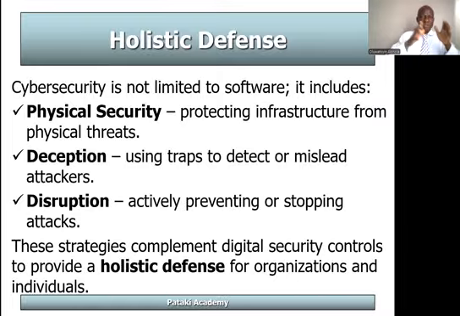It includes deception, using traps to detect or mislead attackers. It includes disruption, actively preventing or stopping attackers. This strategy complements digital security controls and provides holistic defense for an organization or individual.